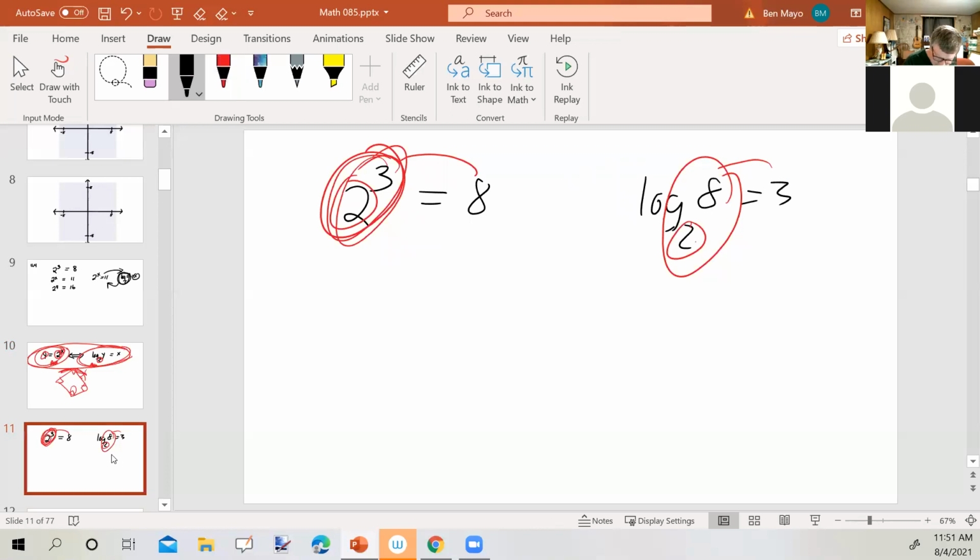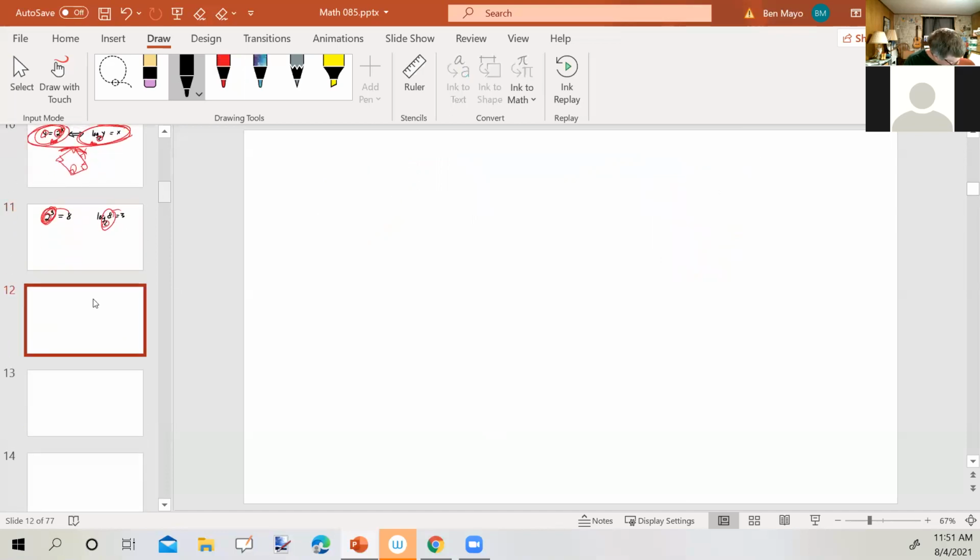Here we have log base 3 of 81 equals 4. And it says, write each logarithmic equation as an exponential equation. So the base is 3, so this would be 3 to the 4th power equals 81.